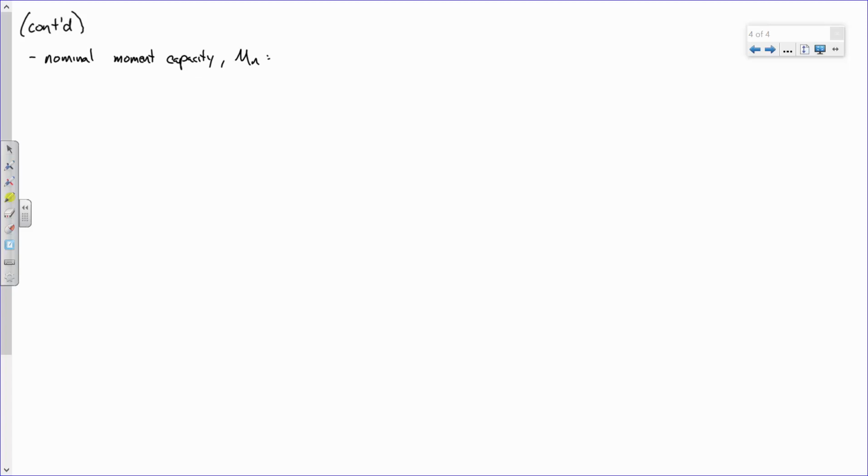What we do when we compute the nominal moment capacity of a true T-beam is take the nominal moment capacity of what we call the flange couple plus the nominal moment capacity of the web couple. And you're like, well, that's great, what the heck does that mean? So just bear with me. All right. So here's what we've got going on.